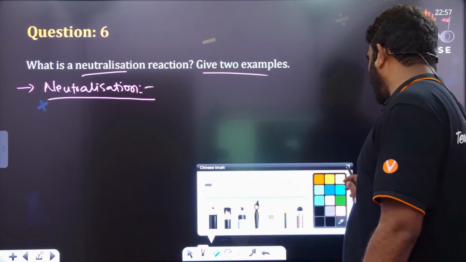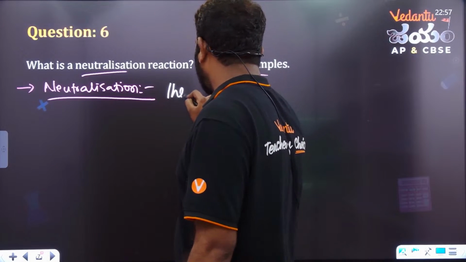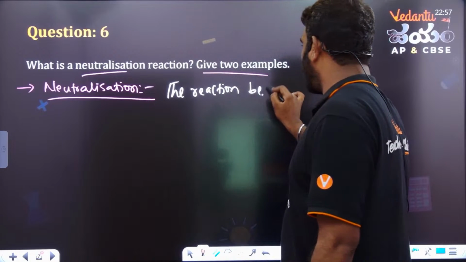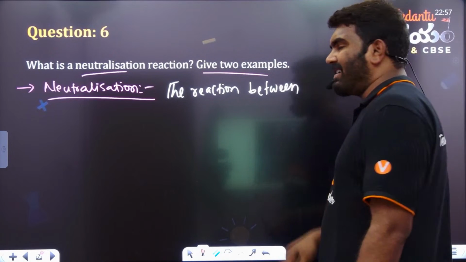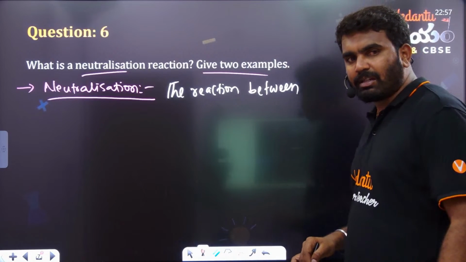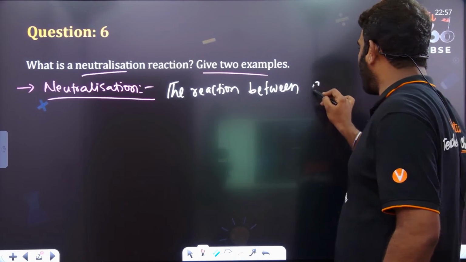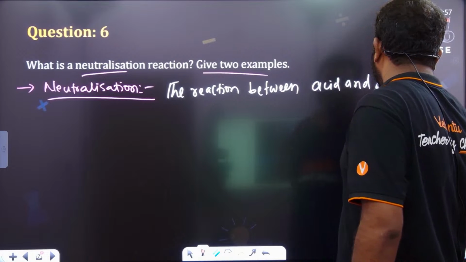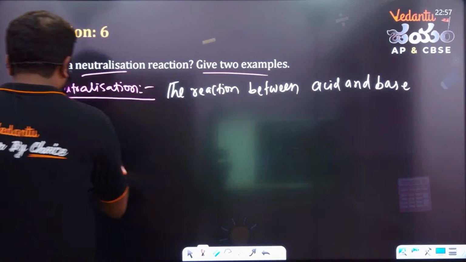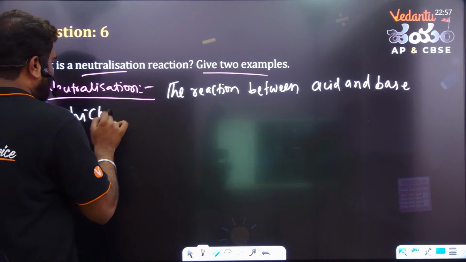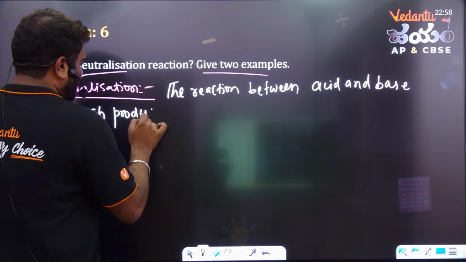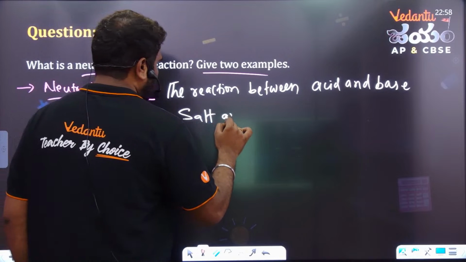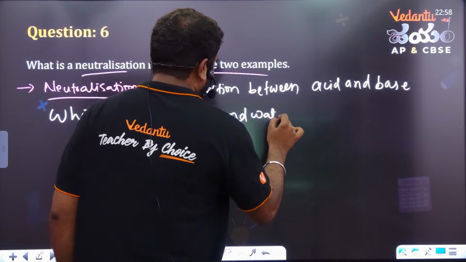The reaction takes place between acid and base. Okay, which produces what, beta? Which produces salt and water.